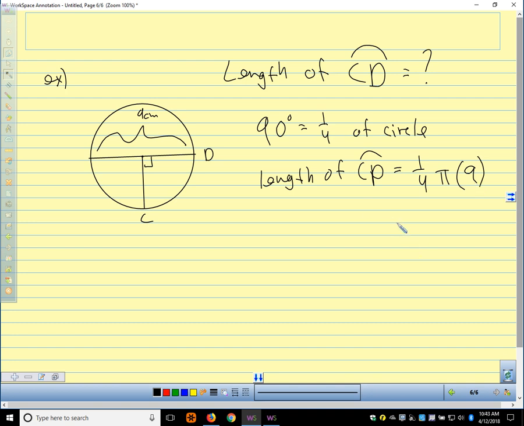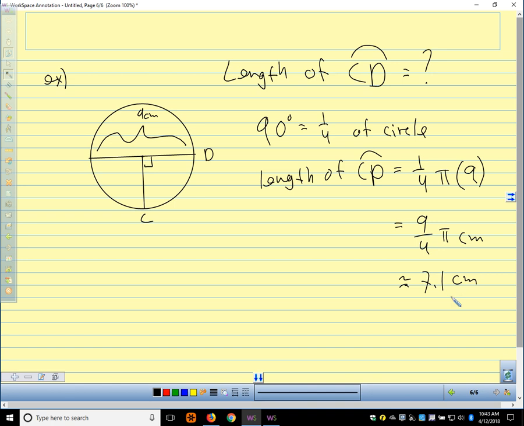And if we wanted to write an exact answer, or in terms of pi, this would be 9/4 pi centimeters. We just leave this written as a fraction. If we want an approximation, rounded to the 10th, we'd plug this in our calculator, 9 divided by 4 times pi, and I get about 7.1 centimeters.